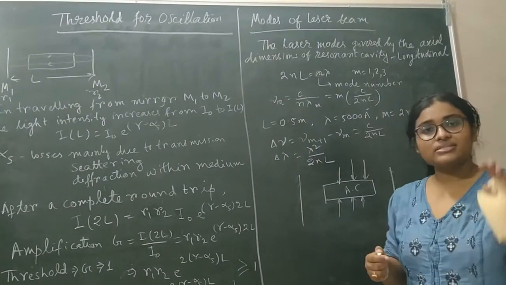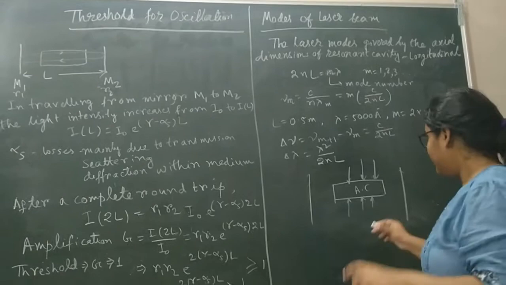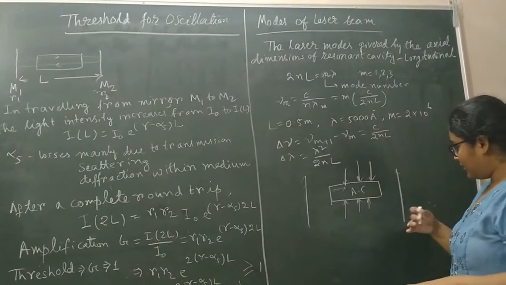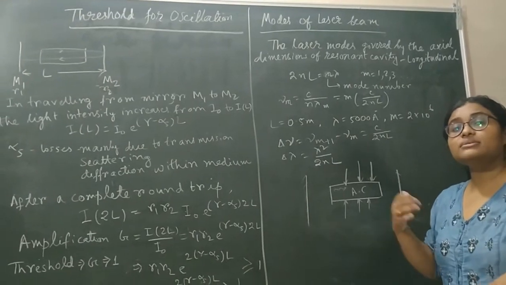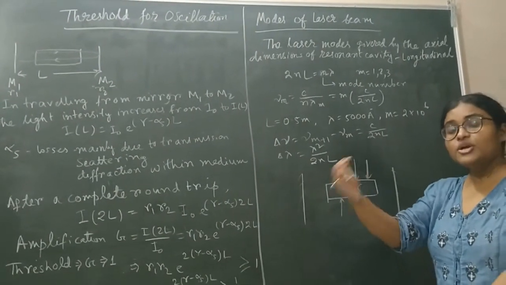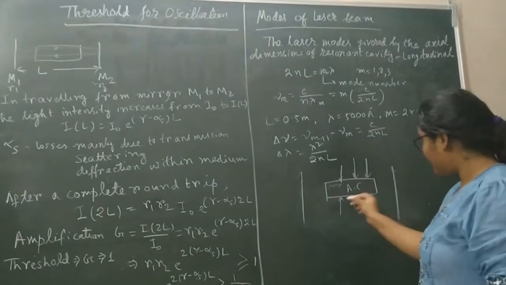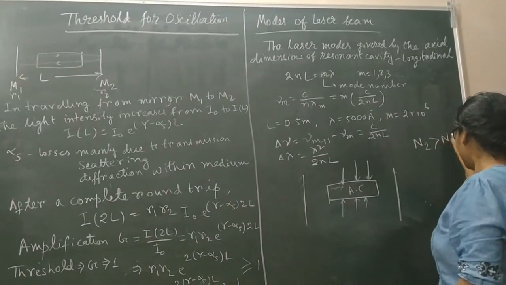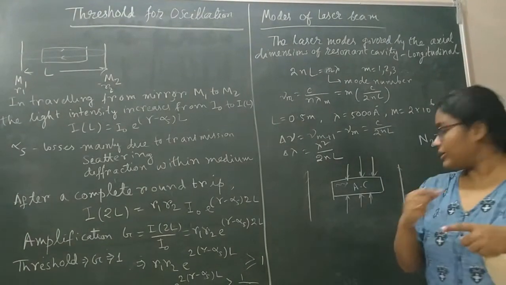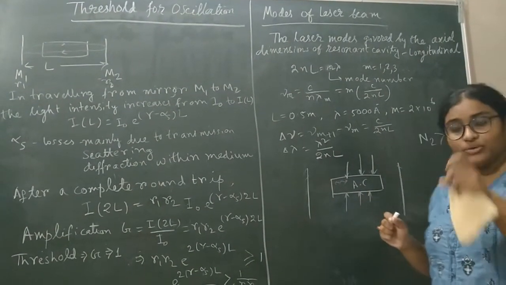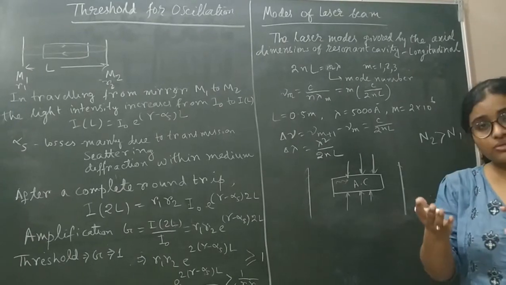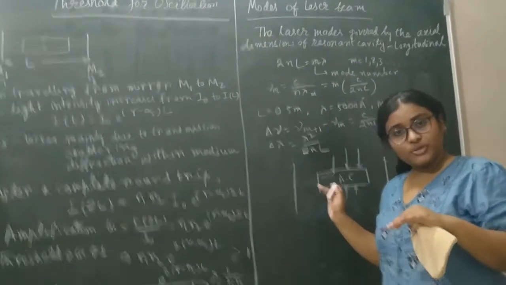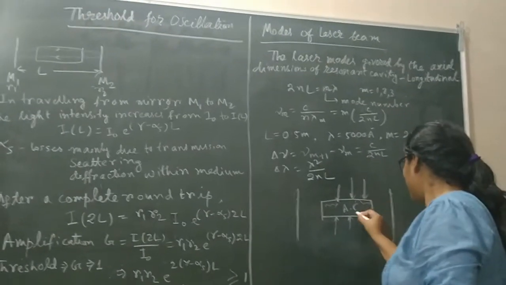Now the spontaneously emitted photon can also become a stimulus for the other atoms to come to the ground state, because of the population inversion, where N2 is greater than N1. So one photon acts as a source or stimulus for stimulated emission, and for one spontaneous photon we can get two photons.